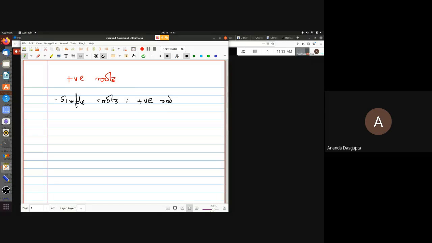Simple roots are positive roots which cannot be written as a sum of two other positive roots.